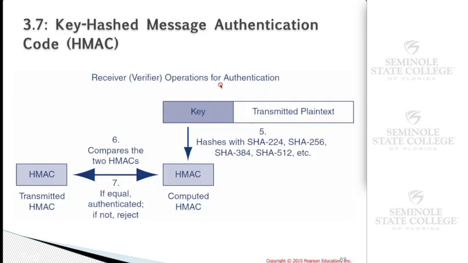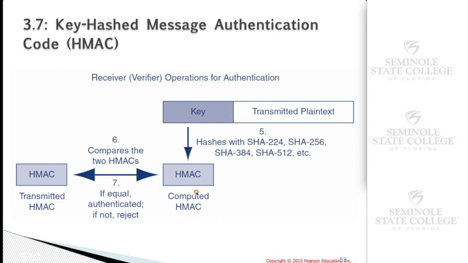And on the receiver end, what's the receiver going to do? First, they obviously decrypt the message as it comes through, and when they get the key, they hash with SHA-224, 256, 384, or SHA-512, whichever they have agreed on.